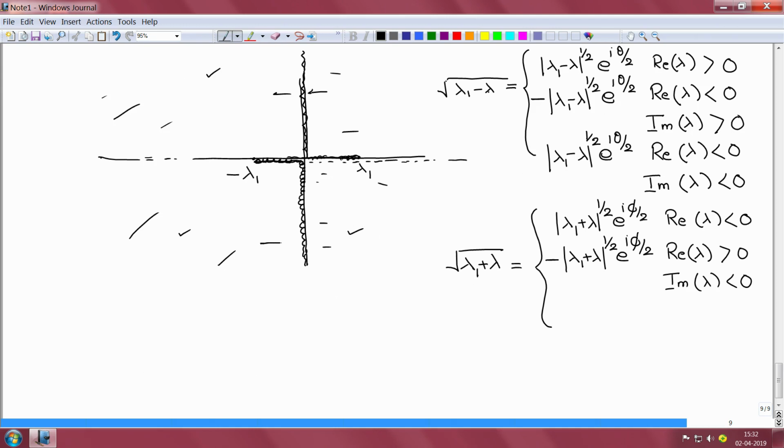So as we move from here to here, there is a sign change and hence the cut. Then the last bit is lambda 1 plus lambda to the power half e to the power of i phi by 2 whenever real part of lambda is greater than 0 and imaginary part of lambda greater than 0.